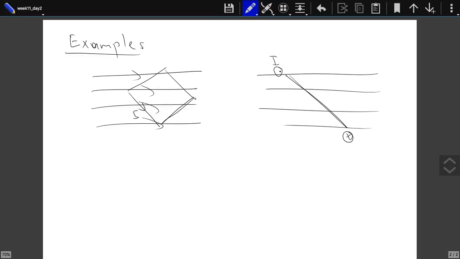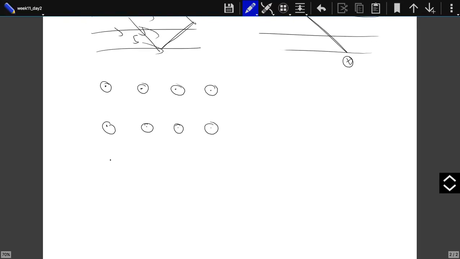Or if you just look at it straight up, you will see the magnetic field lines coming towards you. And it will have such a shape.